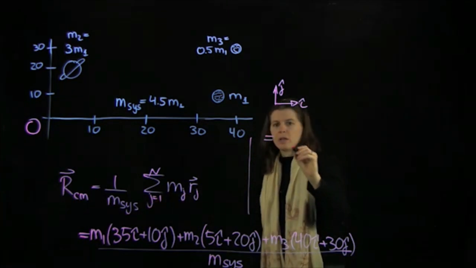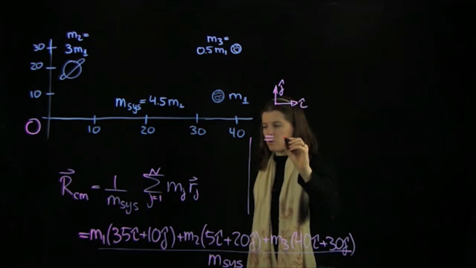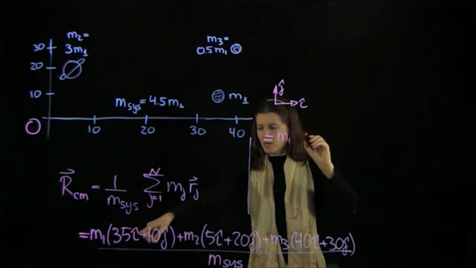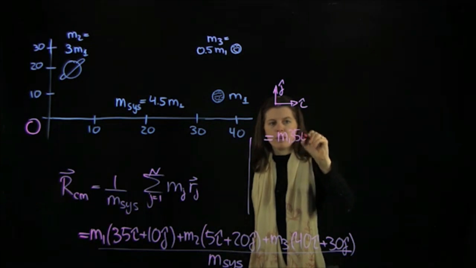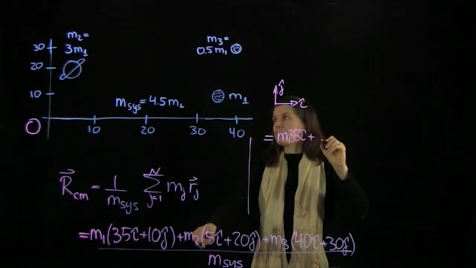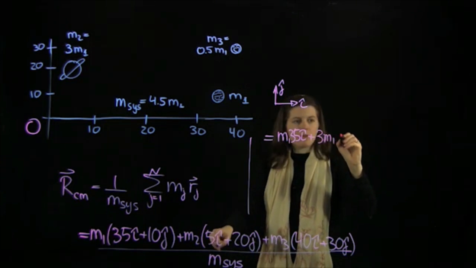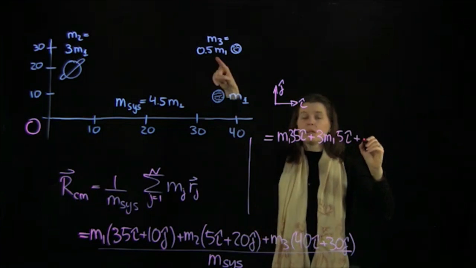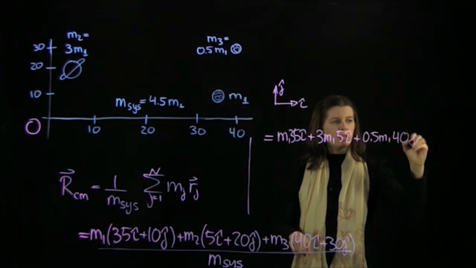So we can plug in all the m's. We'll do the x component first. We're going to have m1 times 35 i hat, plus here we're going to have half m2, that is 3 m1, times 5, plus for m3, we have 0.5 m1 times 40.